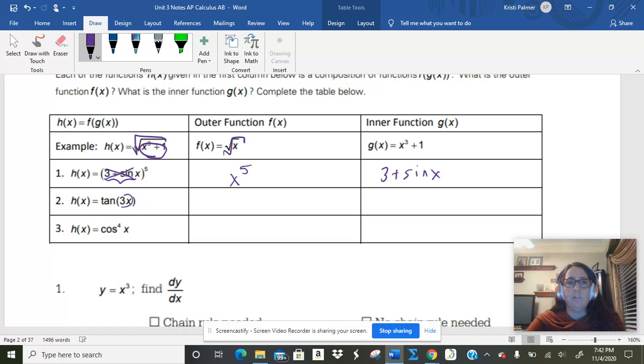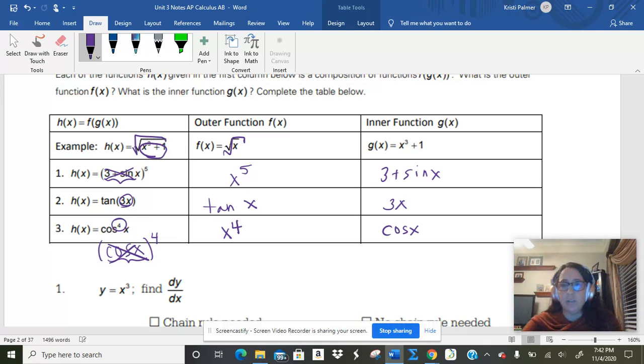My inside function, 3x. My outside function, tan x. Okay, so this one, we need to remember how we rewrite that. So that's the same as saying cosine of x to the fourth. So now there's my inside function. There's my outside function.